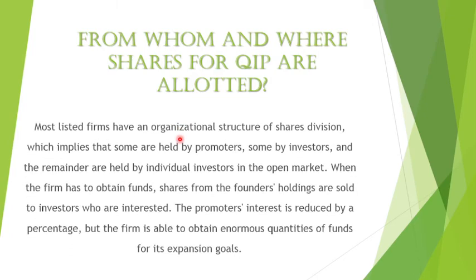Now guys, most listed firms have an organizational structure of share divisions, which implies that some shares are held by promoters, some by investors, and the remainder by individual investors in the open market.